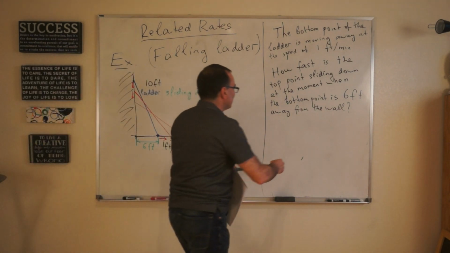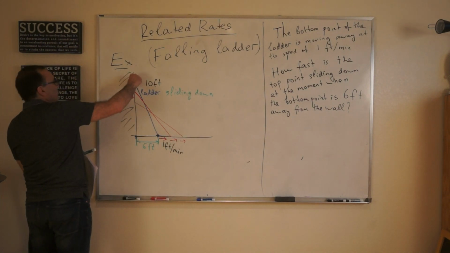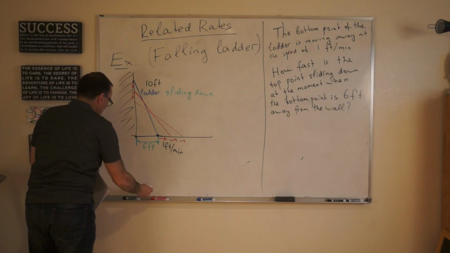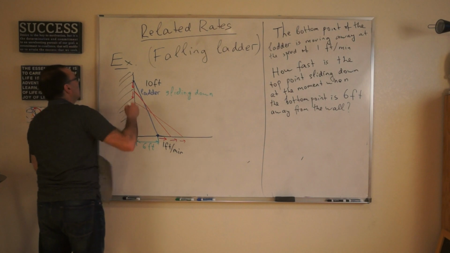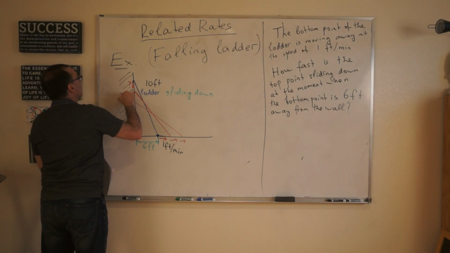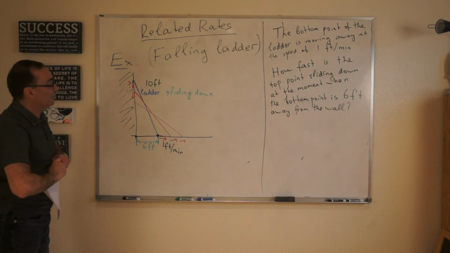And the question is, at that very moment of time, what is the speed at which the top point is moving down? So this speed is the unknown. This speed is given, it's 1 foot per minute.